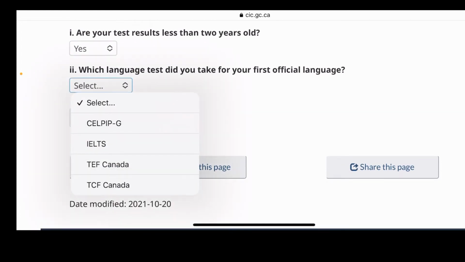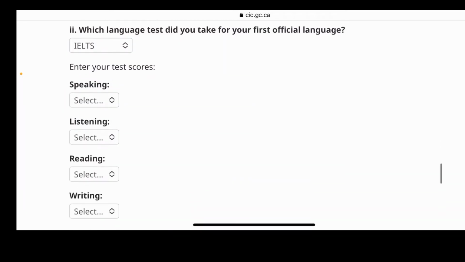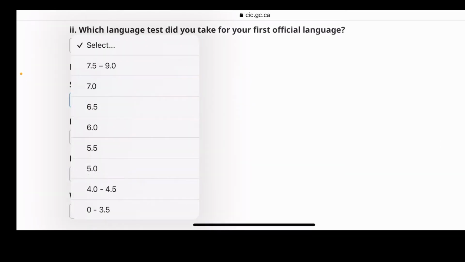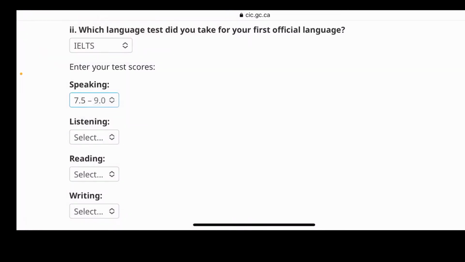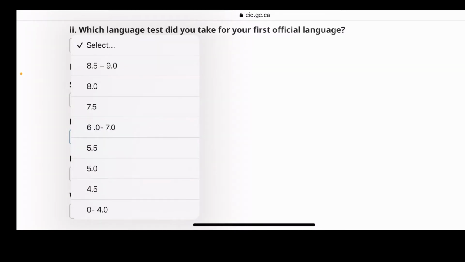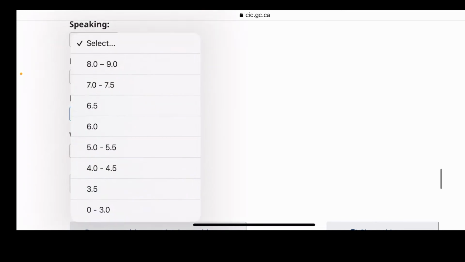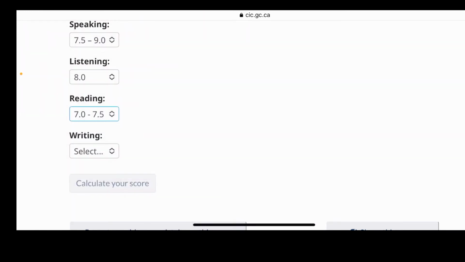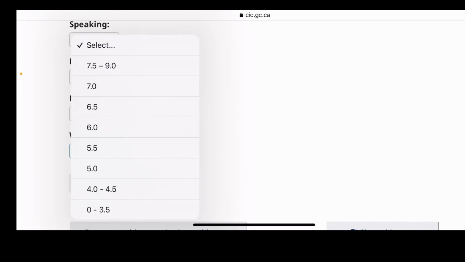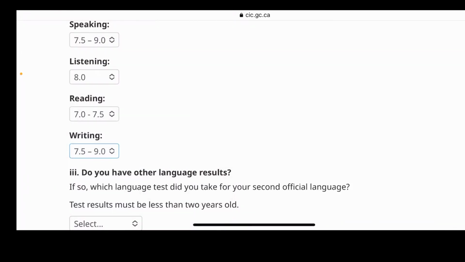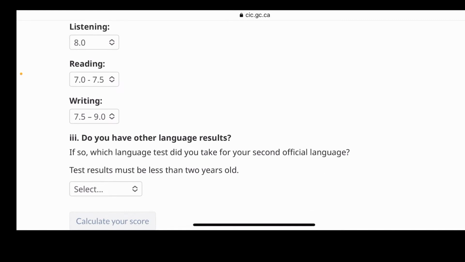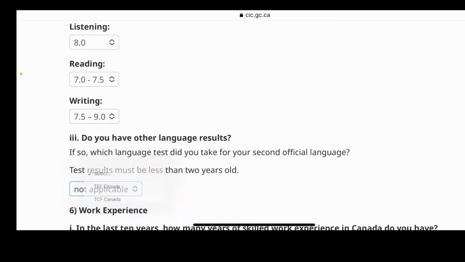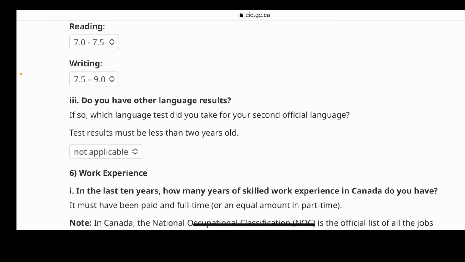Tola says I have IELTS, and in speaking I scored something between 7.5 to 9.0. In listening I have 8.0. In reading I have 7.0 to 7.5, and in writing I have between 7.5 and 9.0. The question here says, does Tola have any other language results? We say not applicable because Tola doesn't speak French.